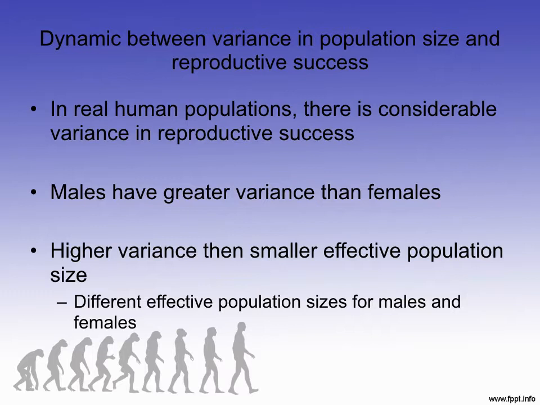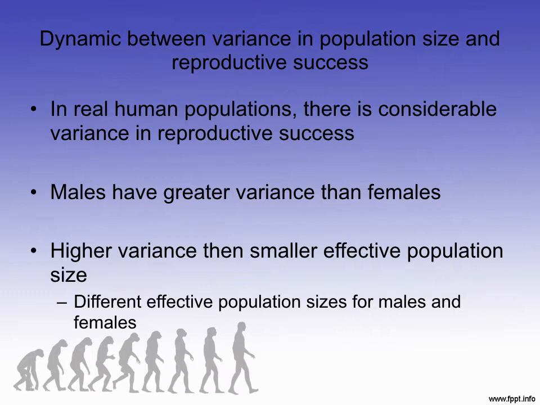Yes, we do see the occasional female that has maybe, if we're thinking about human populations today, maybe 20 offspring. But in general, most females tend to have similar numbers of reproductive events, similar opportunities for reproduction, whereas males have a much wider range in the opportunities for reproduction and number of reproductive events.